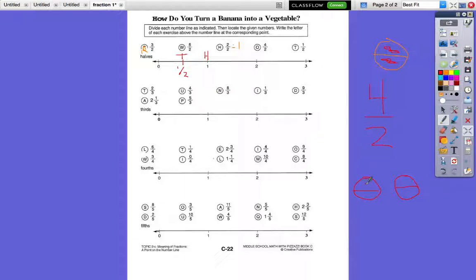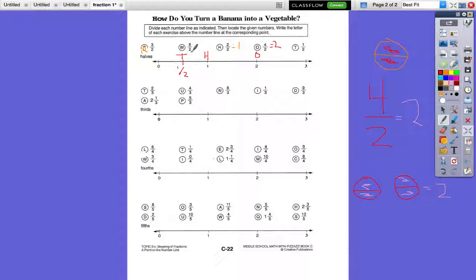So broken to 2, and I get 4 of them. 1, 2, 3, 4. This equals 2. 2 goes into 4 twice with nothing left over. So that answer is 2. So let's go on here. And 4/2 equals 2. And so this will be O.